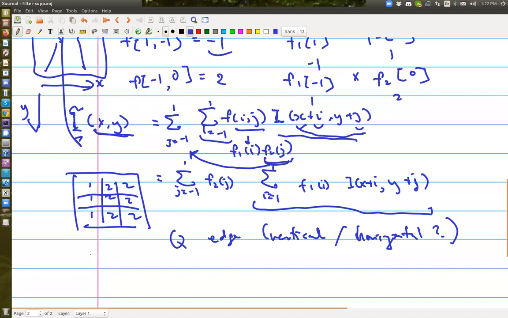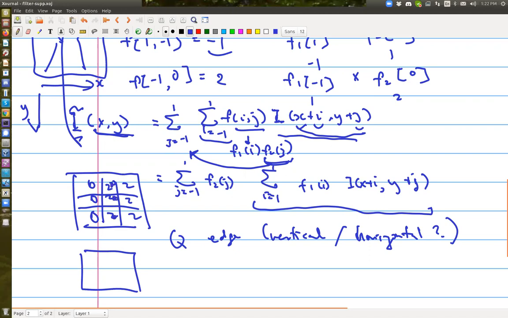If you think of this as an image, let's say instead of 1, I make it 0, a little bit larger contrast. Maybe this is an even bigger value, maybe 200 instead of 2.